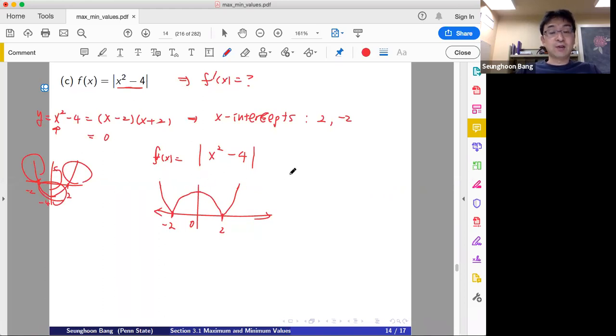What's the definition of a critical number? f prime of x equals 0, or f prime of x does not exist. First one, f prime of x equal to 0. What is the x value from the graph? Do you have an x value from the graph?